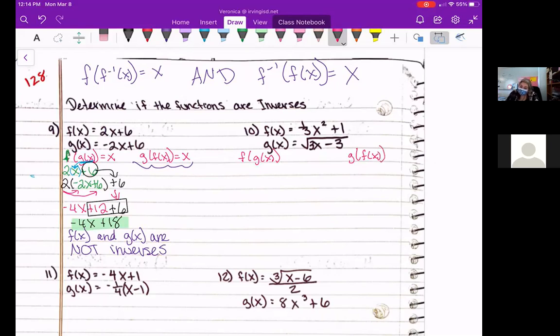Go on ahead and set the first one up, so that we can see if you know how to set it up on your own. I'm going to give you like 30 seconds. Go on ahead and set up f of g of x, which is the first one. So plug them into each other the way we did on the last lesson and see how that goes. And then we'll keep going.